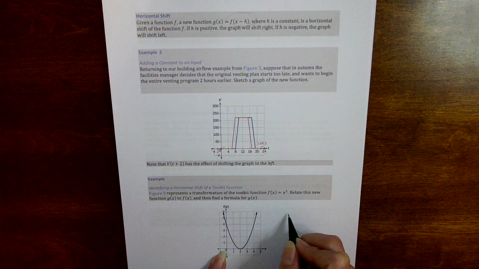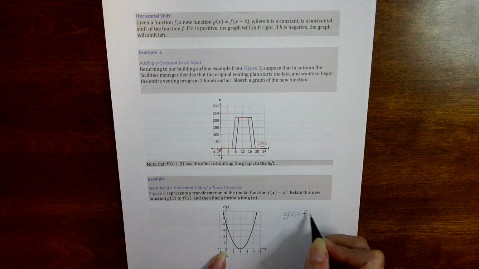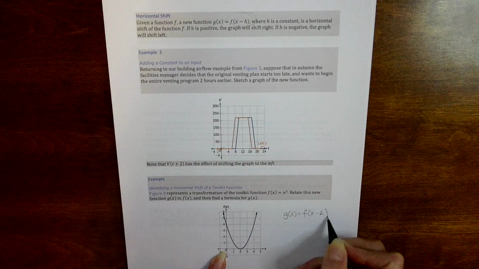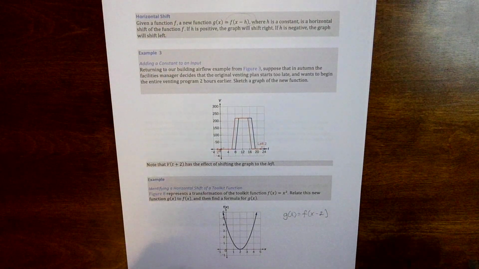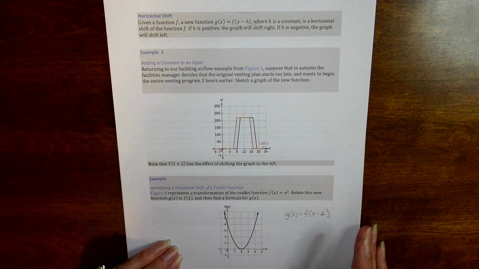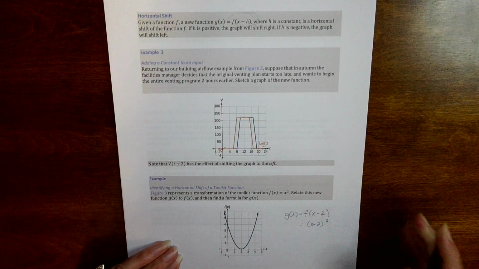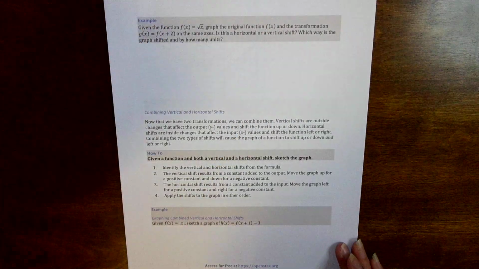So g of x is equal to f of x minus 2. And if you wanted the equation, it is x minus 2 squared. All right.